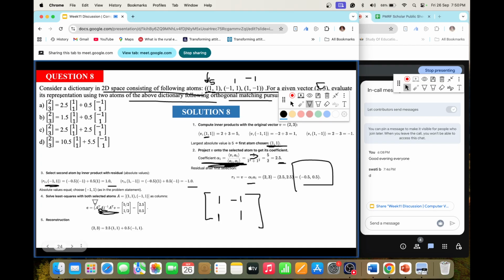Just do this calculation, A transpose A, its inverse, into A transpose, into V, and you will get the coefficients. Once you have the coefficients, the final reconstruction is 2.5 times (1, 1) plus 0.5 times (-1, 1). That is nothing but option A, so option A is the correct answer.